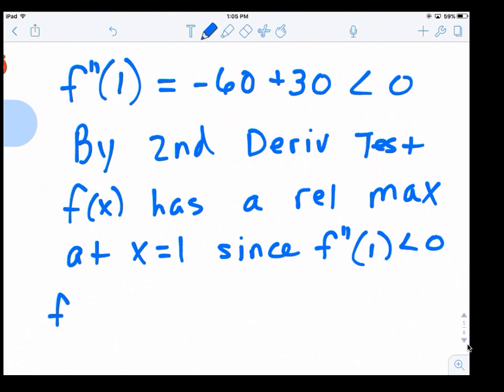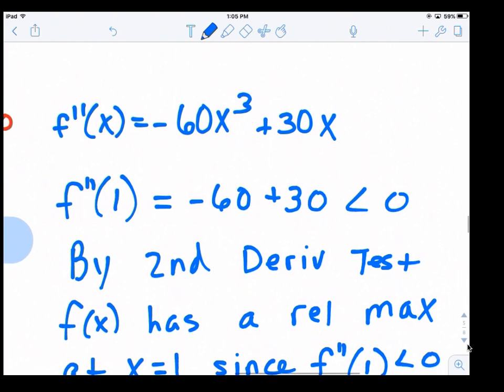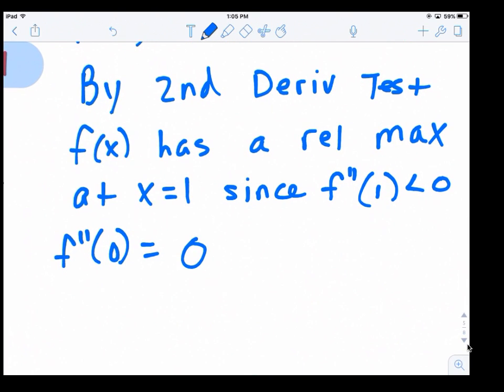Okay, so f double prime of 0 is going to give me 0. Now, since I got 0, I can't use the second derivative test. So you'd have to go back to the first derivative and see what you get. So it fails.